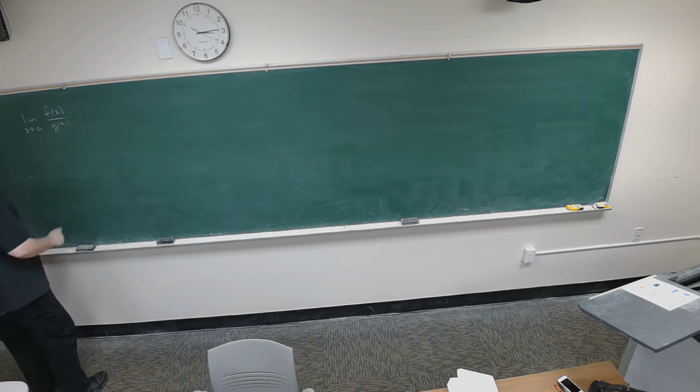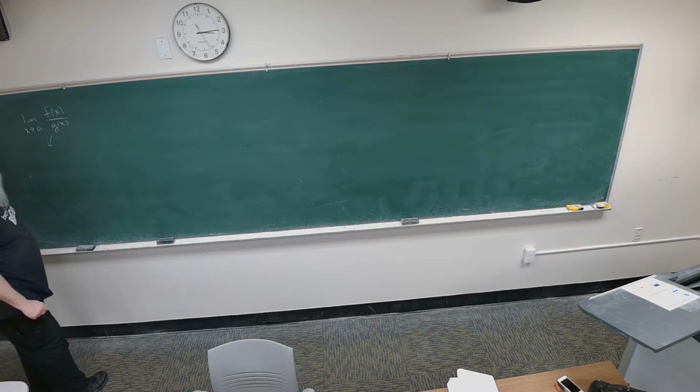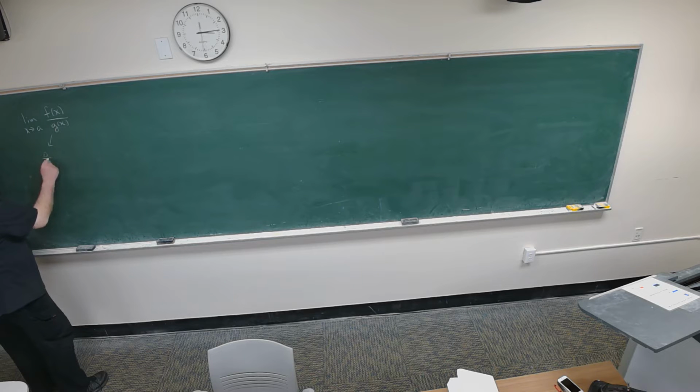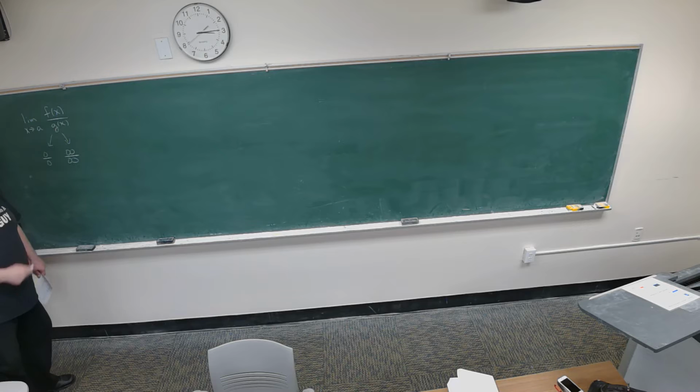And this limit has to be of indeterminate form, right? When you do the direct substitution, you have to end up with 0 over 0 or infinity over infinity. Okay, it has to be one of those indeterminate forms.